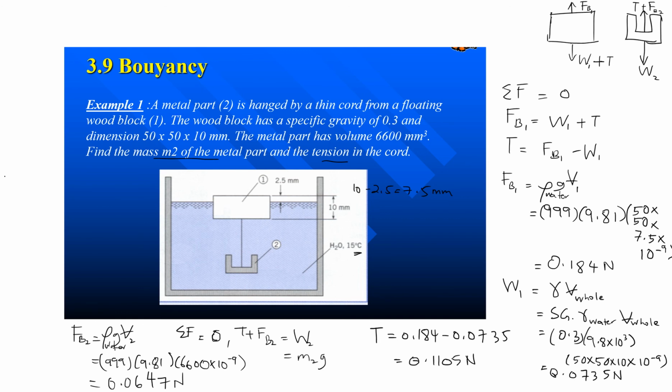Now you rearrange this equation. M2 is equal to T plus FB2, divided by g. T is 0.1105 plus 0.0647, then you divide by 9.81.